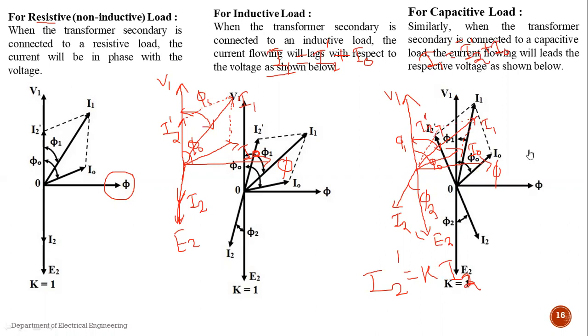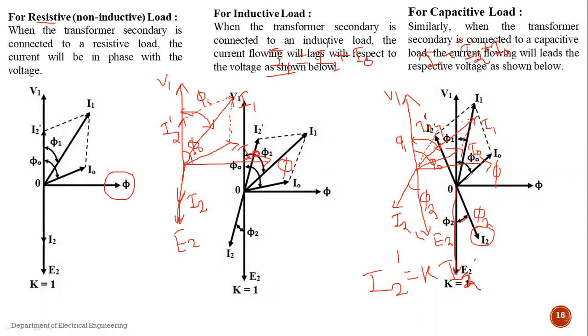See, again the procedure is the same. Consider flux phi as the reference phasor. E2 is perpendicular to the flux phi, here it is E2. Then I2, the secondary current, leads the voltage E2 by an angle phi 2. Phi 2 is a leading angle.